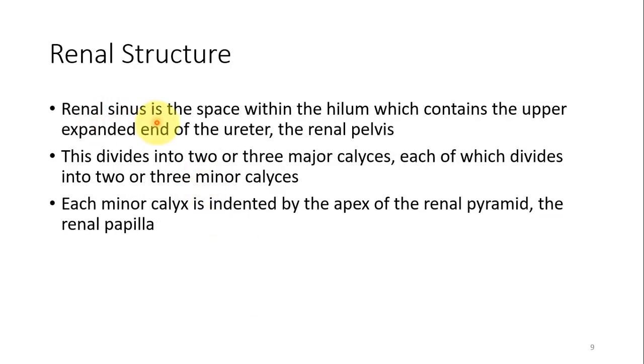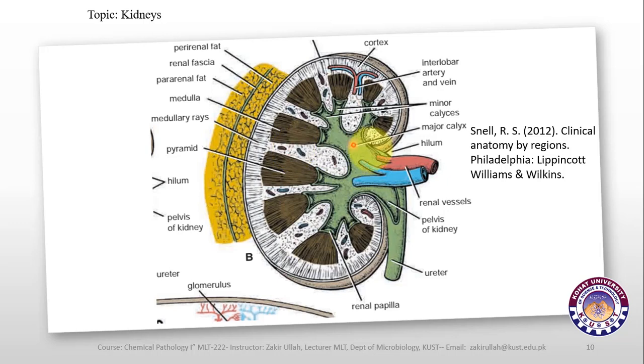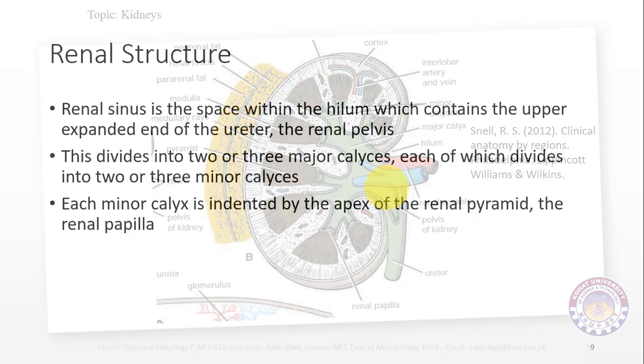The renal sinus is the space within the hilum, which contains the upper extended end of the ureter, and the renal pelvis. This is the renal sinus, and here is the extended base of the ureter.